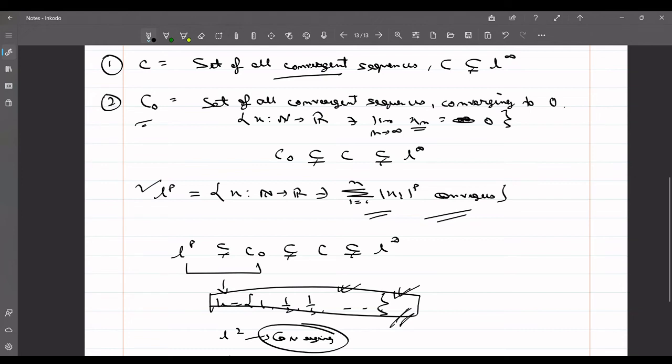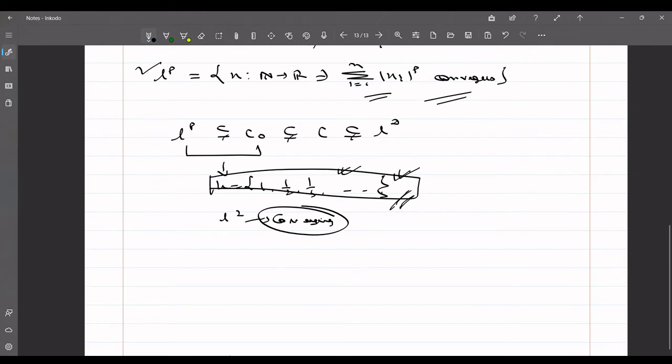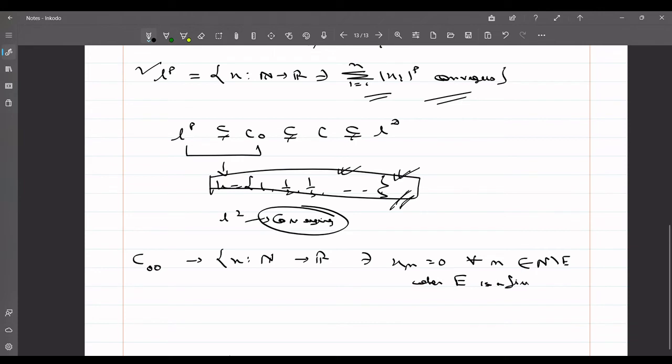And next we have another definition, which is the set of all sequences such that xn equals 0 for all n belonging to N minus E, where E is a finite subset of N. Basically, what I mean to say is there are infinite zero elements in the sequence.